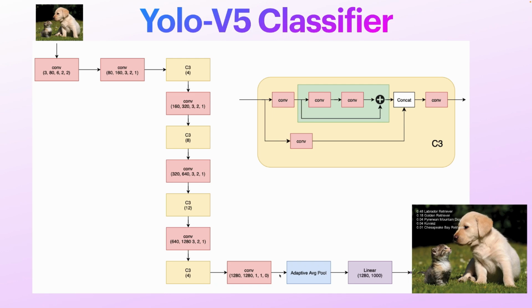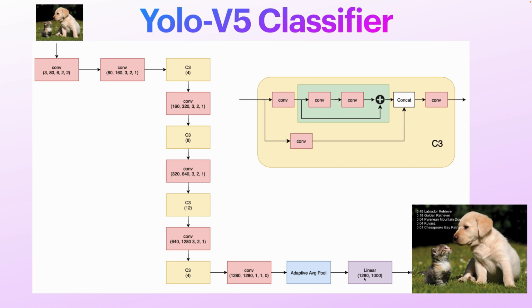The only area you need to focus on is this adaptive average pooling followed by the linear layer, which is your fully connected layer. Adaptive average pooling is for converting this feature map into a single dimensional vector, because we are using a fully connected layer for the classification, right? If you use a fully connected layer, the input it expects is a single dimensional vector.